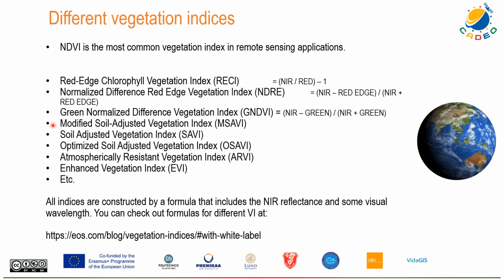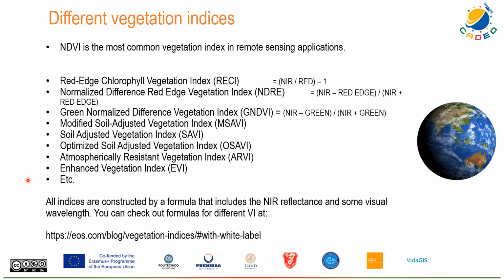We have a modified soil adjusted vegetation index, for instance, that takes into consideration the soil and tries to leave out the soil footprint of the reflected signals. We have the optimized soil adjusted vegetation index, atmospherically resistant vegetation index, enhanced vegetation index. So there are many different indices that can be used, but all of them are using the near infrared reflectance and some part of the visual part of the spectrum, the green or the red part.